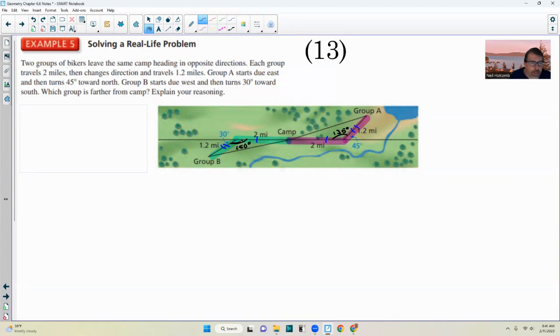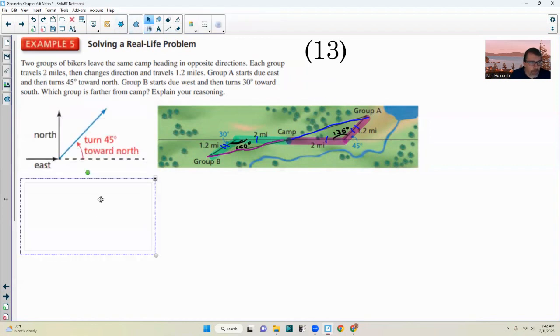So since 150 degrees is greater than 135 degrees and our distances are equal, the distance from the camp here is greater than the distance from the camp to group A, because the larger the angle, the larger the opposite side. So group B is further than group A from the camp.